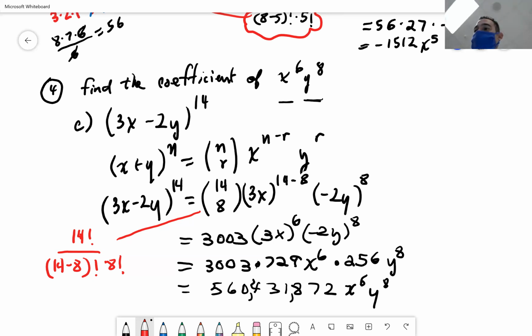Yours is a little bit different, but yours is the best one, I think. Think, Jimmy, think. Let me see if I see it. Right here. So you would put 14 shift C 8.